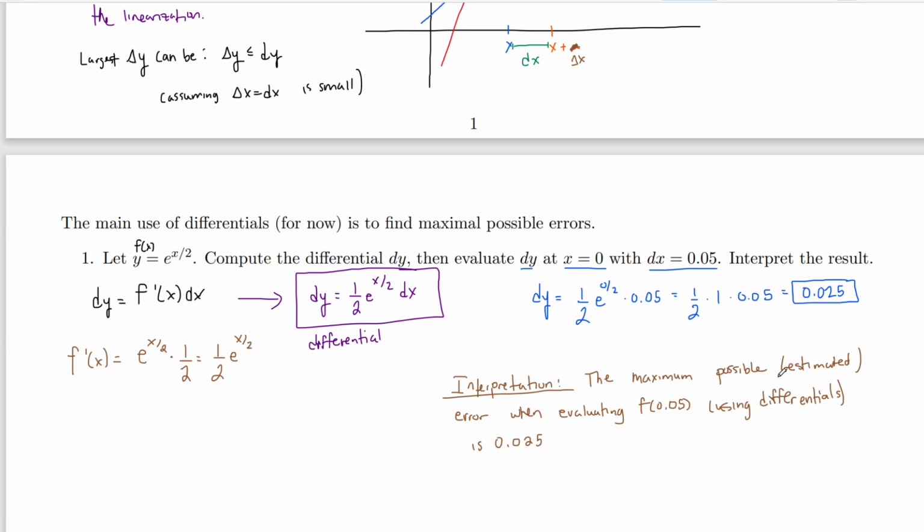And I should say from x equals 0, because that's our base point. That's basically where we would find the tangent line. Just to reiterate, if we found the tangent line or the linear approximation at x equals 0, then we plugged in 0.05 for x.